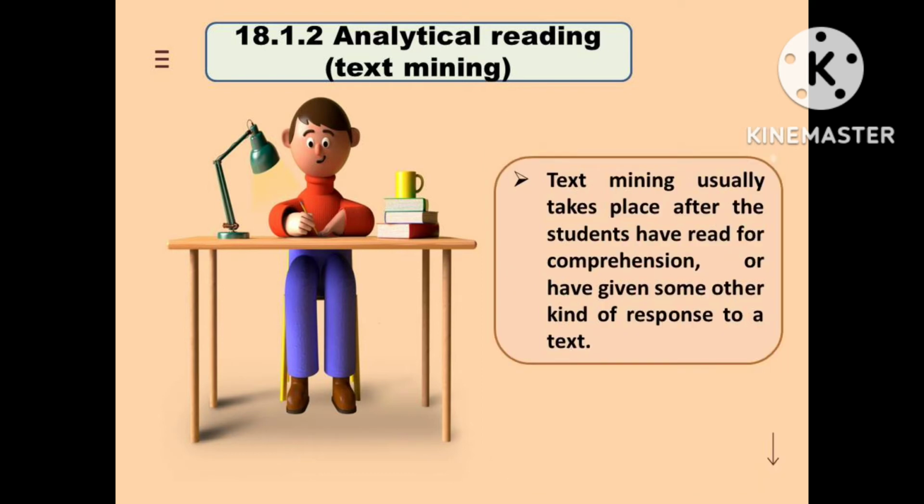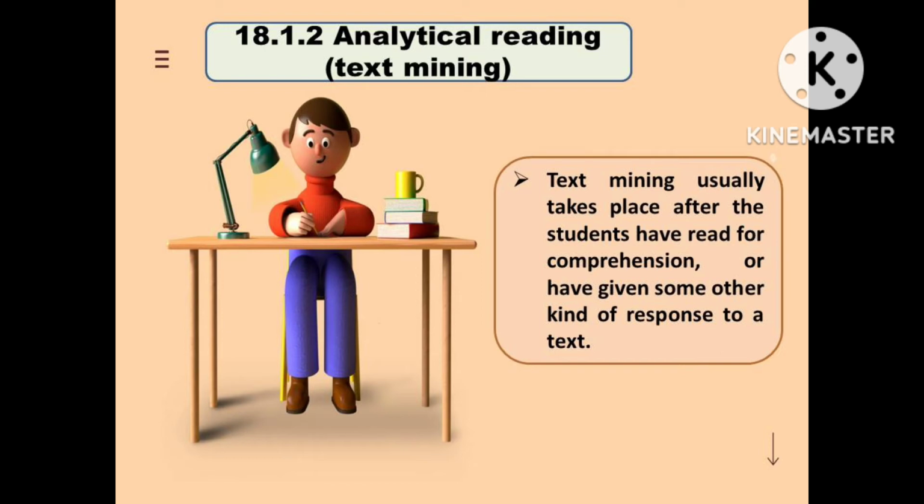Text mining usually takes place after the students have read for comprehension or have given some other kind of response to a text. Any kind of text can be analyzed in this way, even if it's only a paragraph long, or as in the case of an English announcement in a Mexican street.